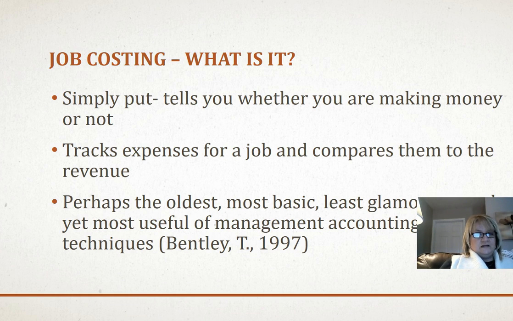Overhead is one of those gray areas that you really have to review, and that's an allocation that needs to be reviewed periodically. And if a job is expected to run for a longer period of time, then you have to compare the costs on a regular basis, because those costs can change regularly.